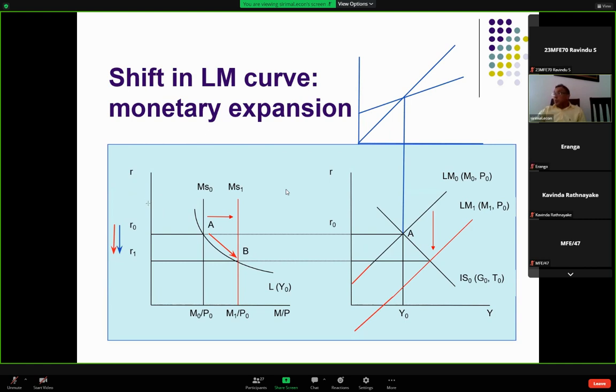If you look at the LM equation, the intercept part, you will understand M over P, that means real money stock, is the major variable that determines the position of this line.